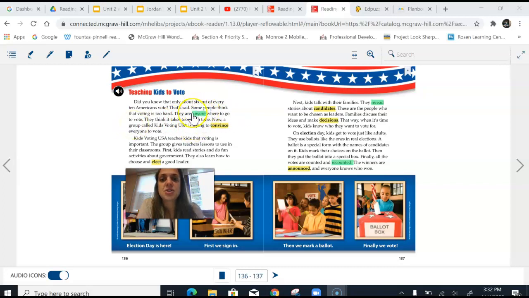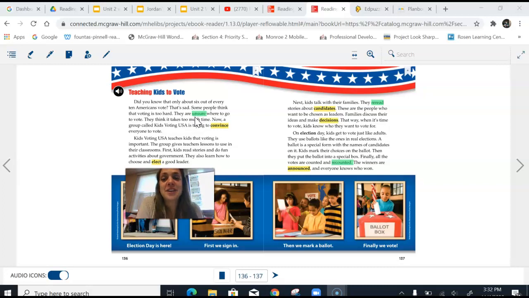Now, here's this tricky word. I can look inside of this word to identify the base word. The base word is sure. In front of this word, we have a prefix. Now remember, a base word can stand on its own and still have meaning. So sure means that you know something. For example, I am sure that you are enjoying this video right now. I know you're enjoying this video.